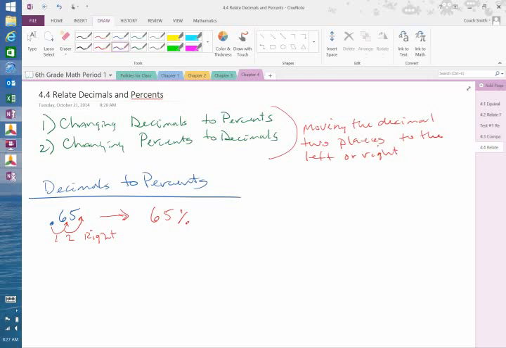It doesn't matter if you have 0.625. We're still going to move it two places to the right, once, twice, and that gives me 62.5%.